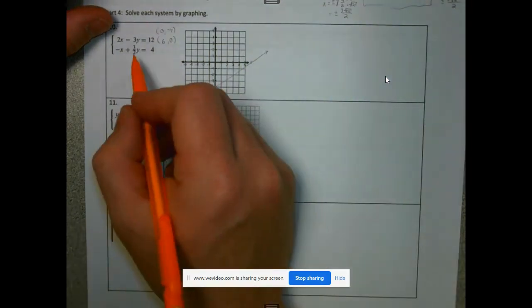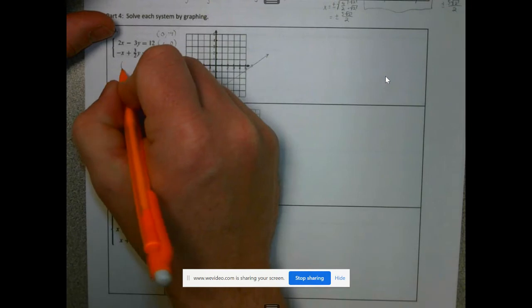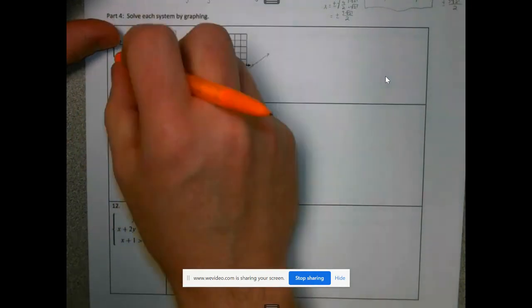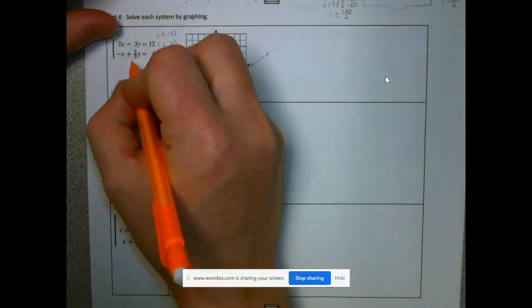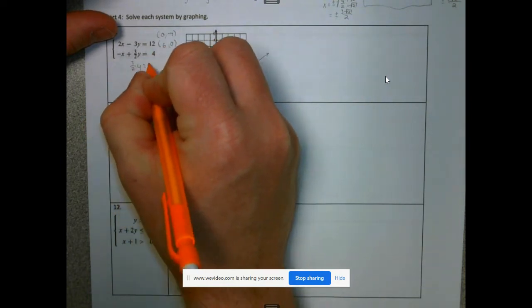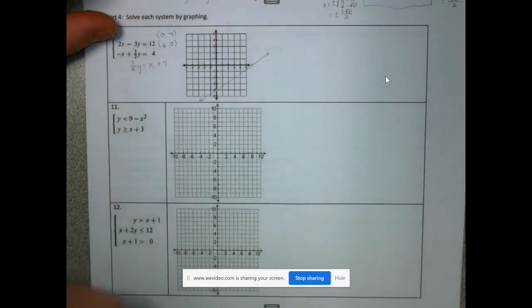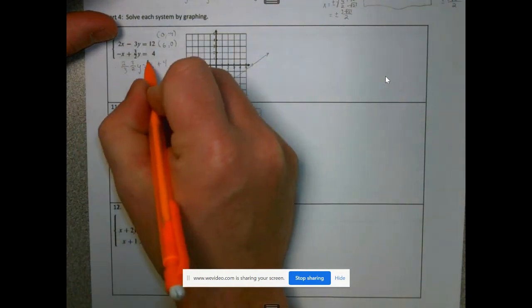Okay, you could do the same thing here with this one. But let's just go ahead and solve this one for y and see what we get. That way you get 2 different methods. So I'm going to add x, so I get 3 over 2 y equals x plus 4. And then I'm going to multiply the whole side by 2 over 3.